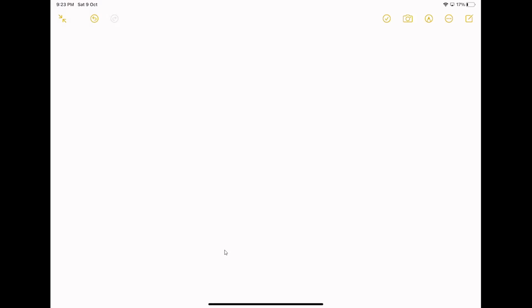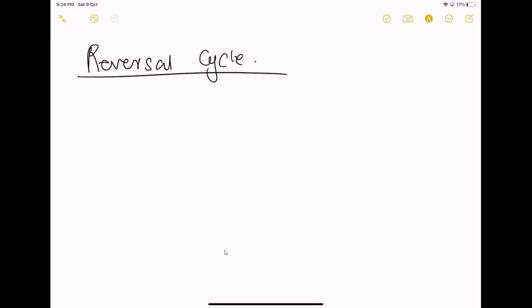Okay. Right. So reversal cycle, right? Now in the reversal cycle, you have consolidation. Then you have expansion here and boom, up it goes.